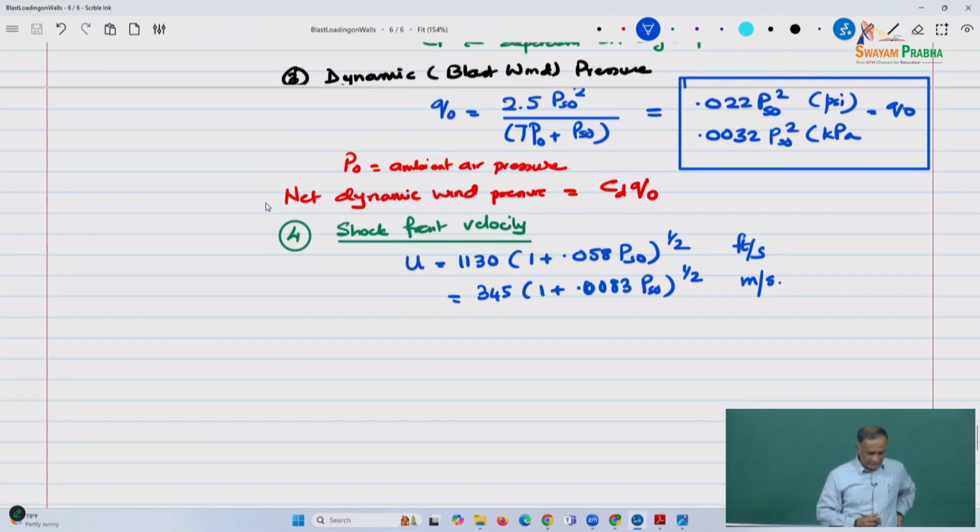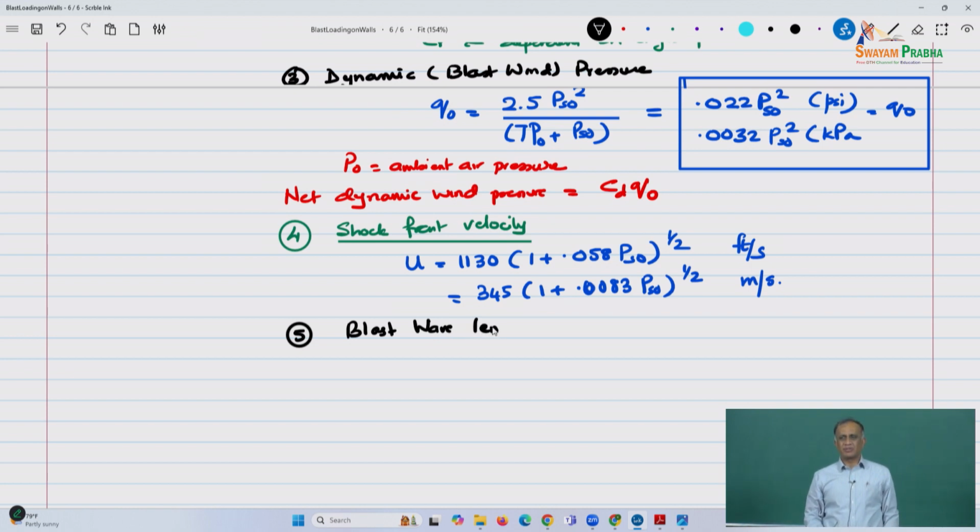So you calculate the shock velocity, and then the question that has been raised just now is the blast wave length. It's not exactly, I think the confusion comes because we are calling it a wavelength. So you might think of it, maybe separate these words in this manner.